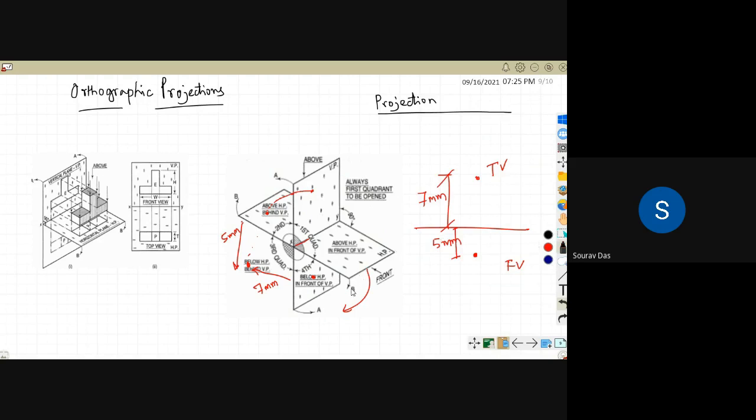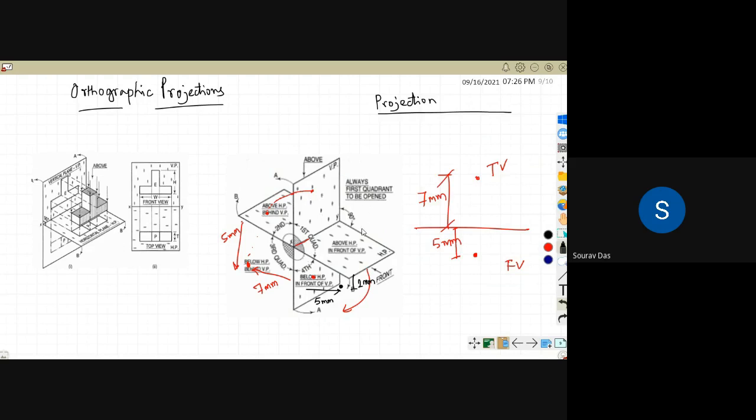Now when the point is situated in the fourth quadrant, let's say the point is situated here. It is below the horizontal plane. Say it is 2 mm below the horizontal plane, and 5 mm in front of the vertical plane.